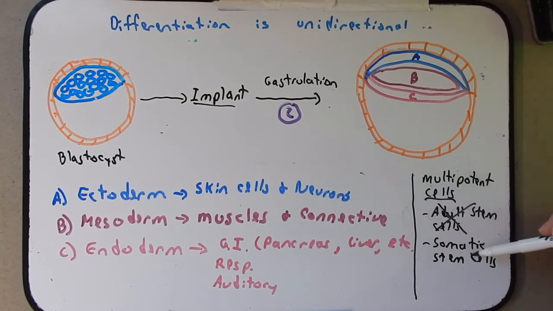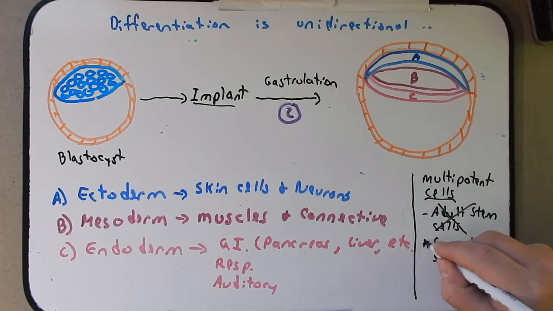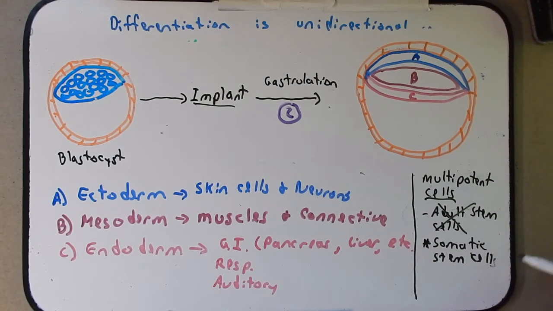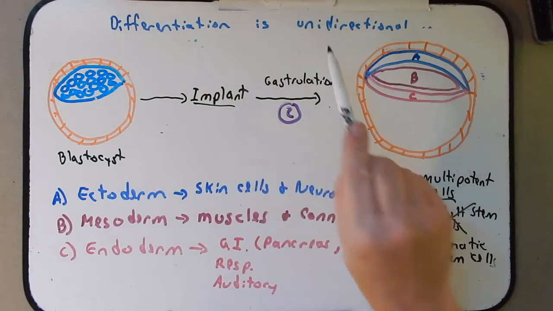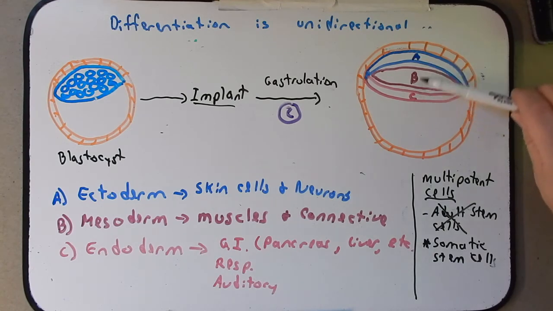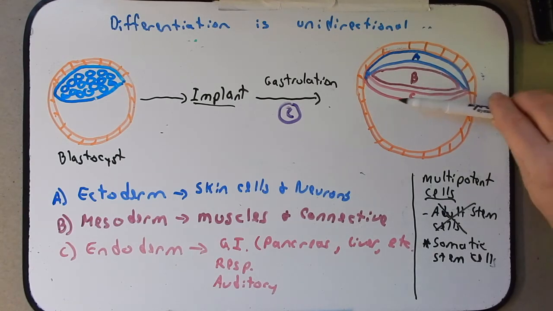But these somatic stem cells exist in a very early embryo and continue to exist throughout embryonic development into childhood and adulthood. So I really think the term somatic stem cell is the most appropriate because these cells go on to form somatic cells. Now again, remember, differentiation is unidirectional. These multipotent stem cells here cannot go back and become pluripotent or totipotent stem cells under usual circumstances.